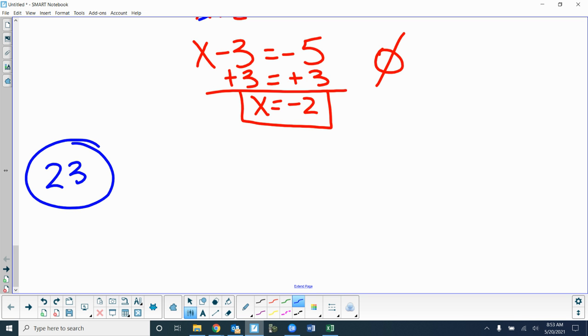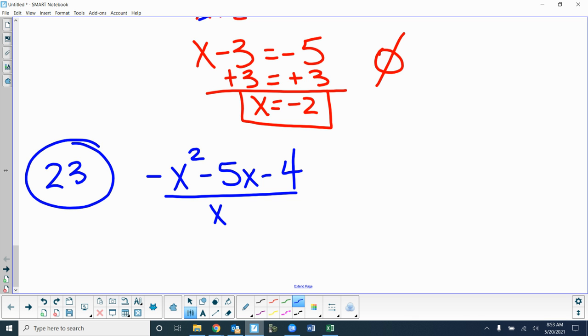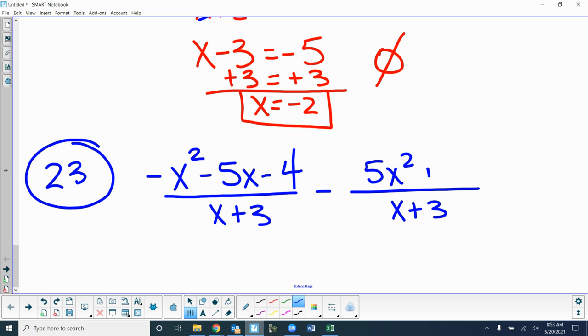$23. This isn't too bad either. Why isn't this too bad? In order to subtract two fractions, what must you have? Common denominator. And we already have the common denominator, don't we? All right, so this isn't too bad.